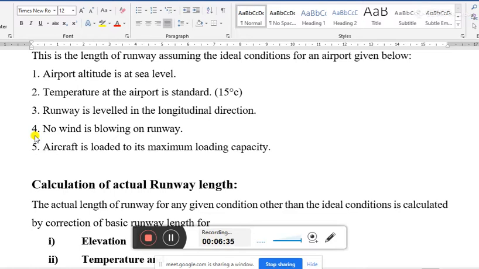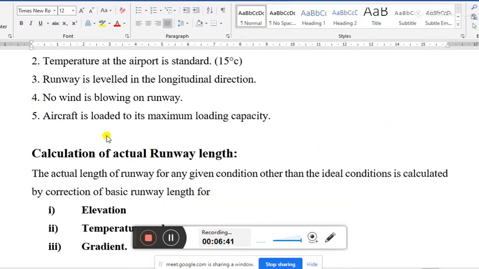After that, we have discussed some ranges of wind, and after the 60 km per hour range, if the wind velocity is 60 km per hour, sorry, after that we are considering non-operation of aircraft.